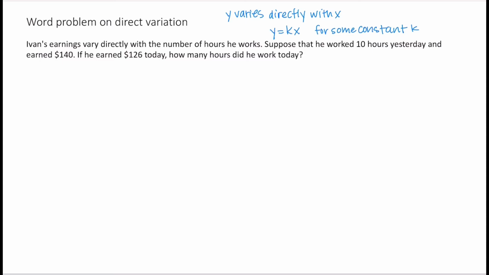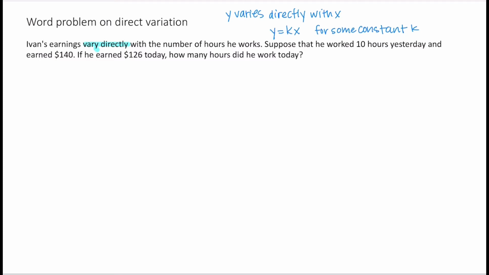So let's look at this problem we've been given. Ivan's earnings vary directly with the number of hours he works. Suppose that he worked for 10 hours yesterday and earned $140. If he earned $126 today, how many hours did he work today? So we are told that his earnings vary directly with the number of hours he works, which means that we can write an equation.